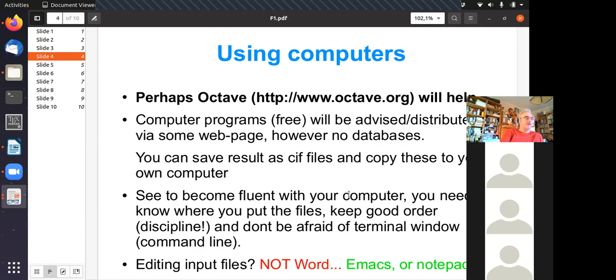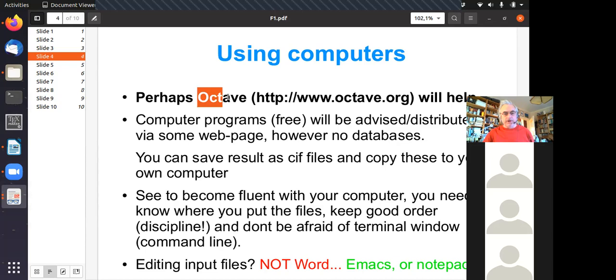You can always do it from the command line, and I'm so old that I'm stuck with it. I started with the command line and I don't get rid of it, and I don't want to. But of course it's very nice and much more illustrative to have a graphical user interface. But we'll see when it comes to those points.